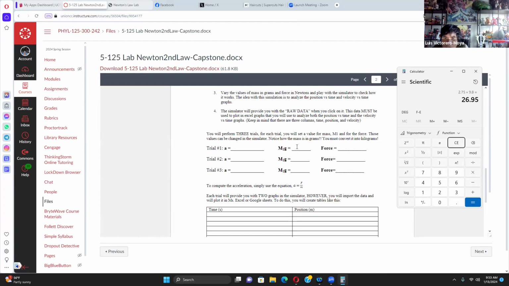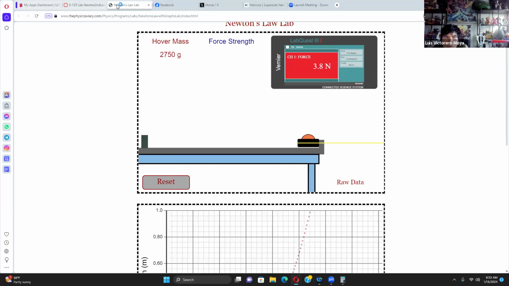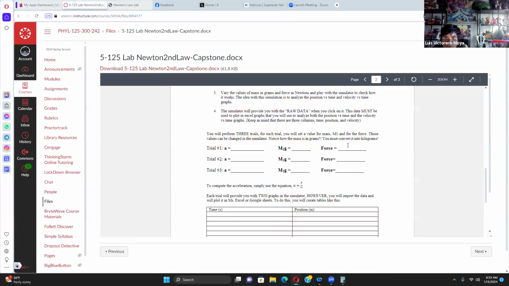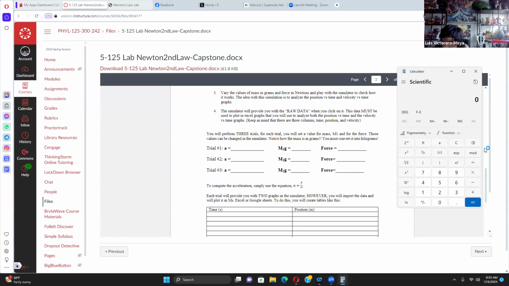That's the weight of the object. That's what was here in newtons. The force is 3.8 newtons. That will go here. And then the acceleration, careful, is the force divided by 2.75. Is force divided by mass, not weight. Okay, so be careful with that. Then you will have here the acceleration of 1.38 meters per second squared. So that's your first trial.